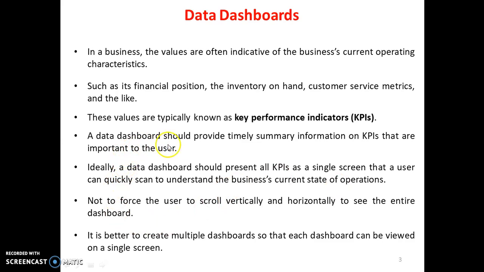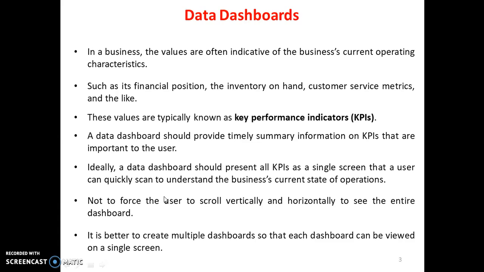The data dashboard should provide timely summary information on KPIs that are important to the user. Ideally, a data dashboard should present all KPIs on a single screen that the user can quickly scan to understand the business's current state of operations. For example, if you have multiple measures, you should not put all the measures in a single dashboard itself.